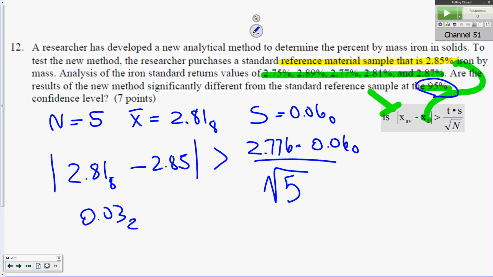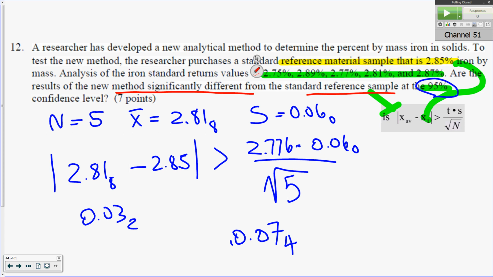On the left-hand side, the difference in the 2 sets is 0.03 with an insignificant 2. And on the right-hand side, I got 0.07 with an insignificant 4. Okay, so now again, the key thing: does the new method's results differ from the standard?